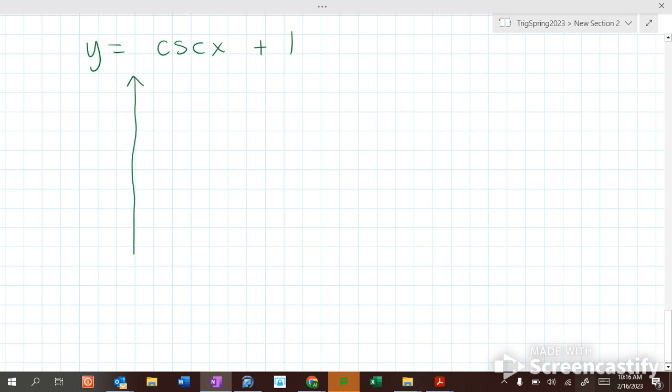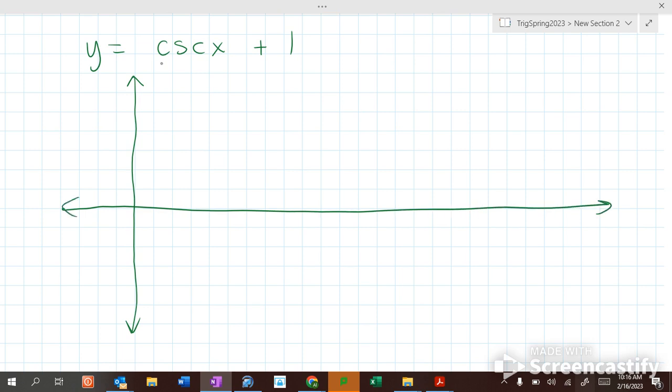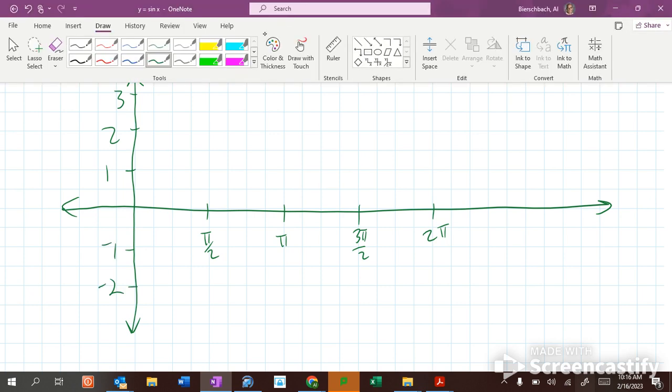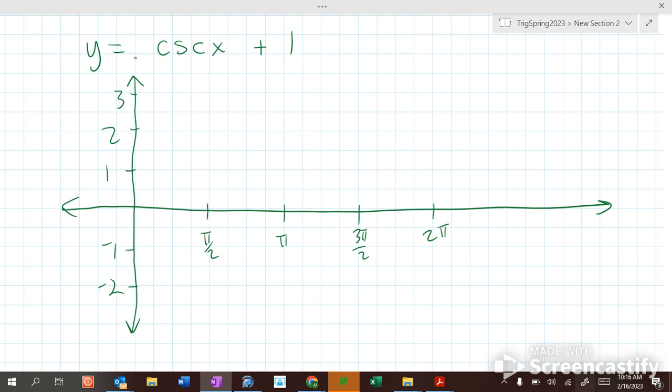Okay? This is where you're going to go wrong, and this is why I do this one today. So everybody sees what happens. So pi over 2, pi, 3 pi over 2, 2 pi. 1, 2, 3, -1, -2. Okay, so the cosecant curve comes from the sine curve or the cosine curve. So I want to see the sine curve graph.